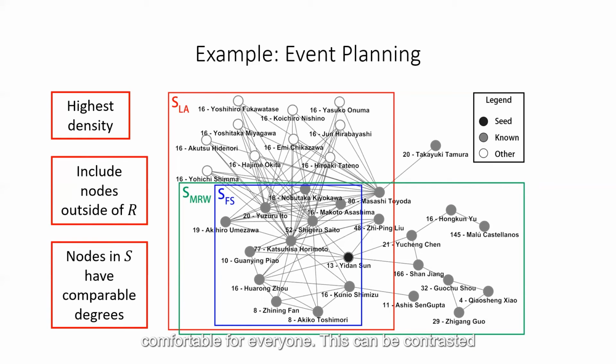This can be contrasted by SMRW, which includes people with poor connections to other nodes in SMRW, or includes people who have significantly stronger connections to the outside of the result. For example, Malu Castellanos might find it hard to fit in at the social event with people in SMRW.